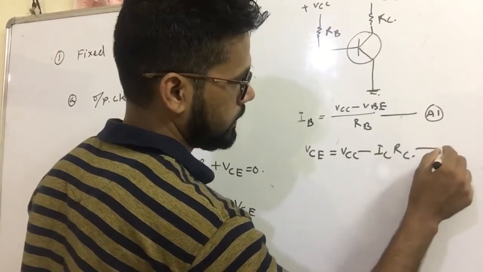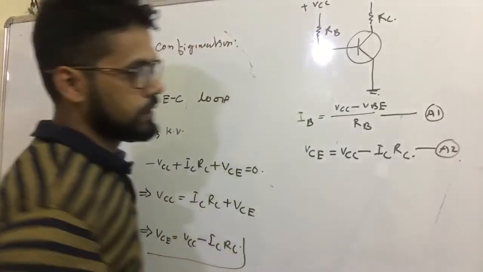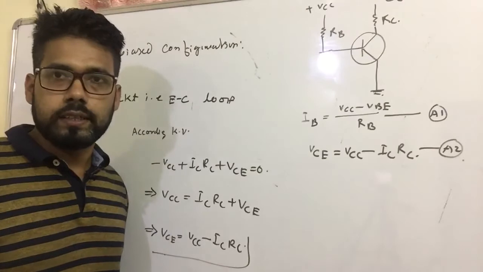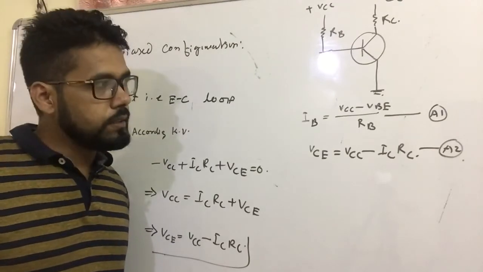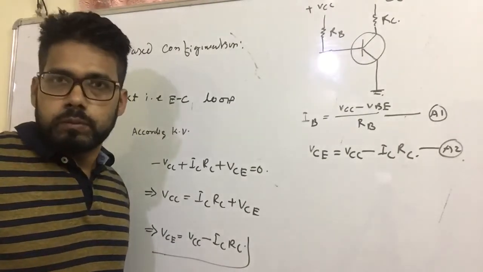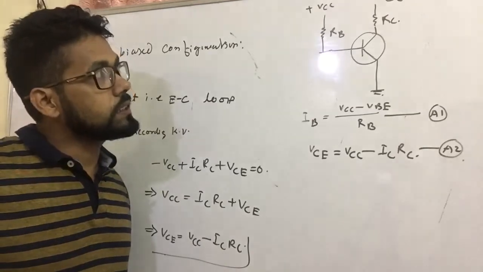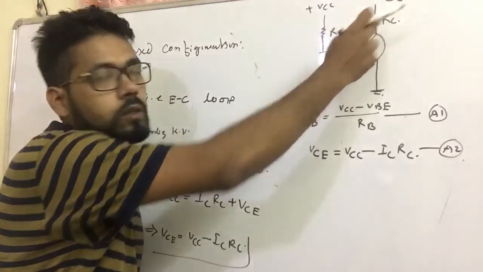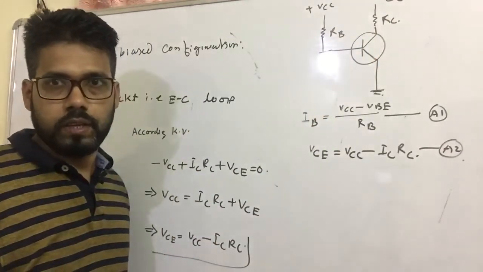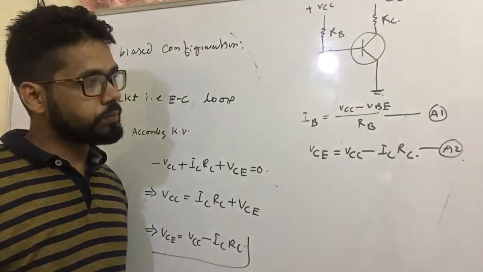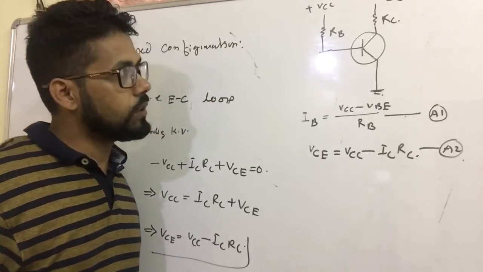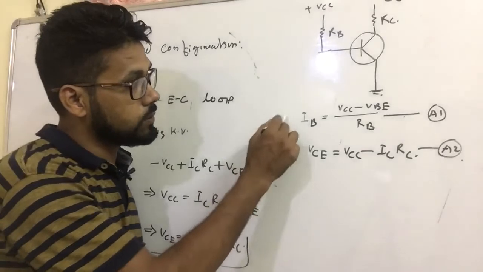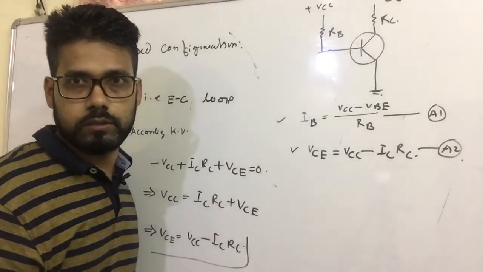This is the fixed bias condition, and this is the way to calculate the input current IB, considering the base resistance RB, and at the output, this RC is the load resistance. Using the input circuit we get this equation, and using the output circuit we get this equation.